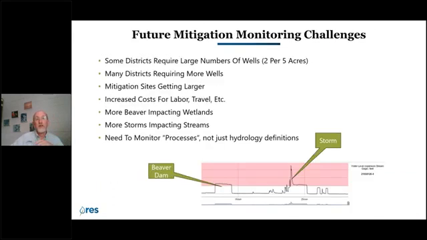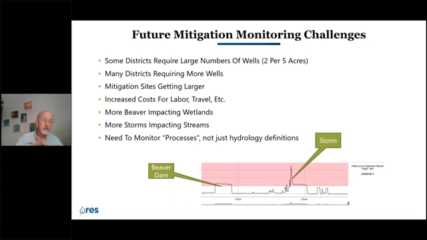And we see things like more districts are requiring more wells. Mitigation sites are getting bigger, so more equipment out there. It's costing more for labor, for travel expenses. We're seeing more and more beaver, particularly where I am on the East Coast, moving into watersheds, damming up projects. Climate change is changing hydrology across the country, particularly here in the East.